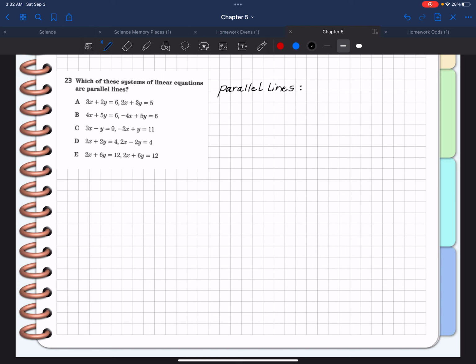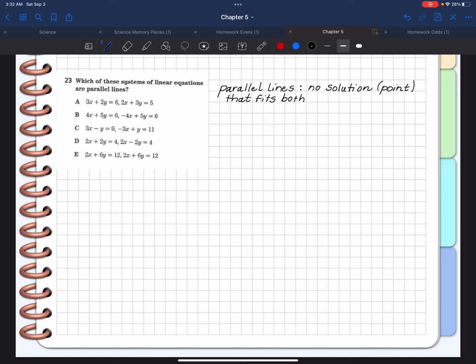If you have a system of equations of parallel lines, there is no solution. Now remember, a solution to a system is a point. So there is no point that satisfies both equations because they never touch.